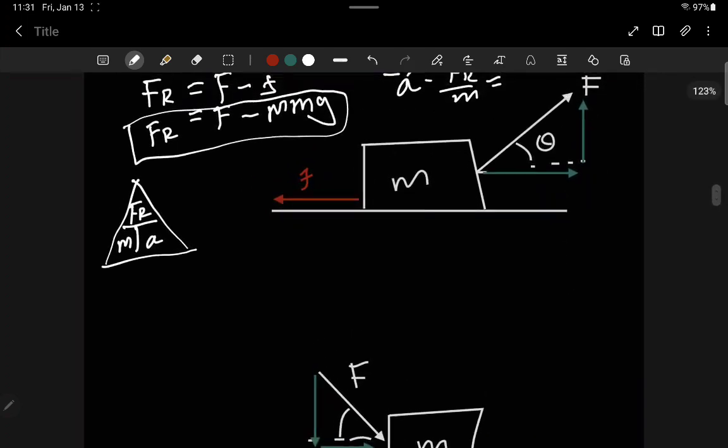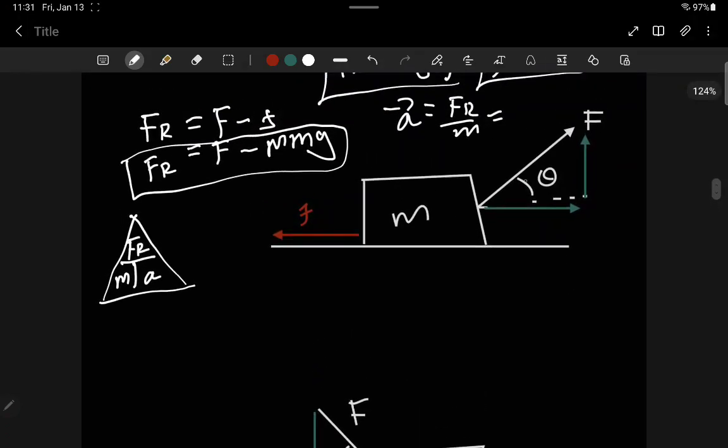The other case is whenever you have a force inclined at an angle, a pulling force. The force, represented by the white line, is resolved into Fx and Fy. Fy tends to detach the surfaces, but there is a weight downward.